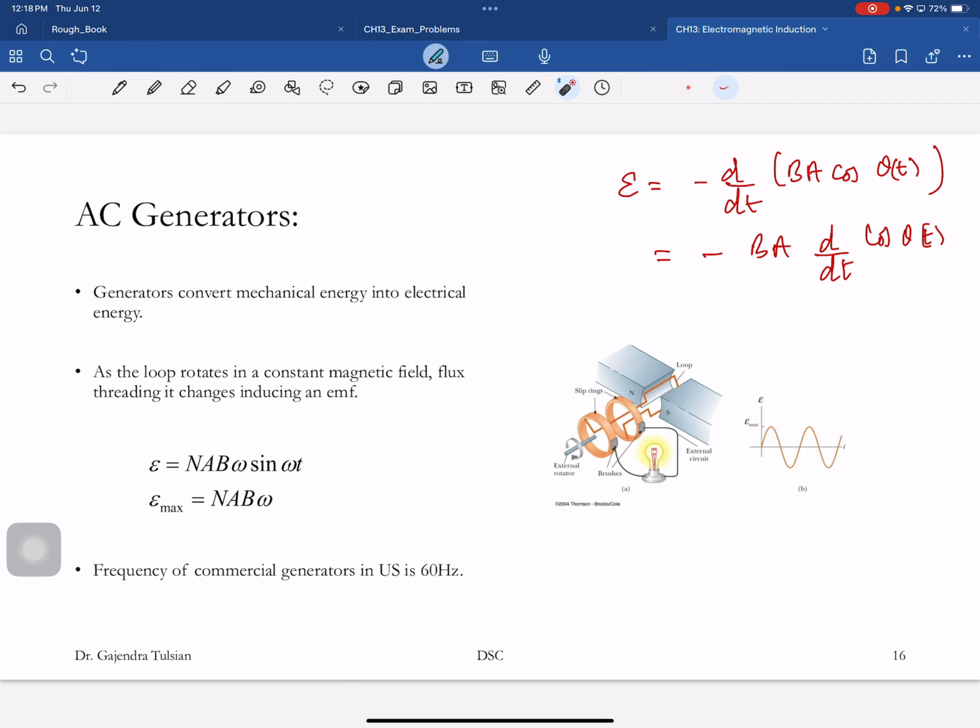So the voltage that you're getting out of the wall is 60 hertz. That is, you have 60 cycles per second. And it turns out that the brightness of the bulb goes like this, 120 times a second.